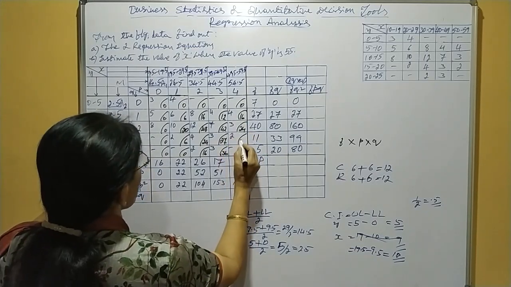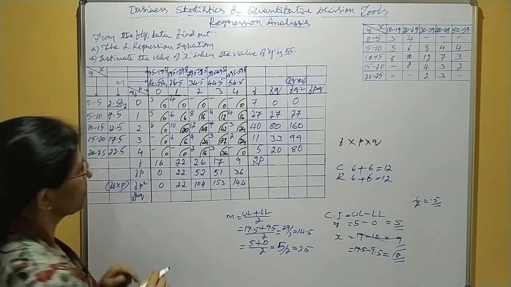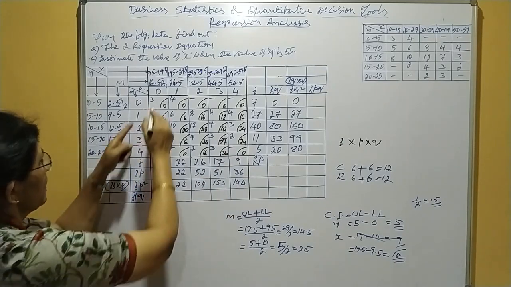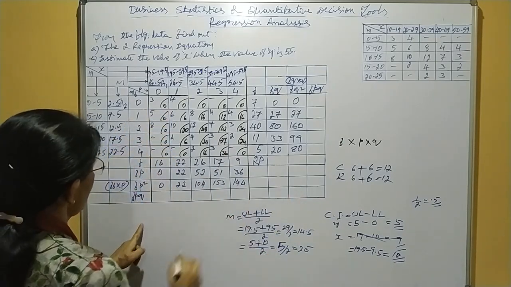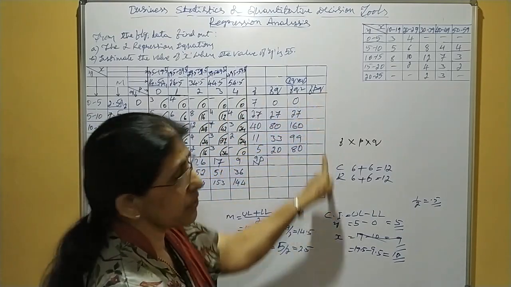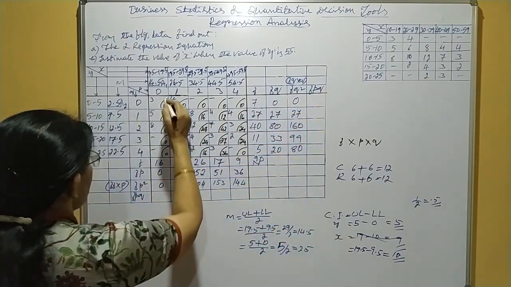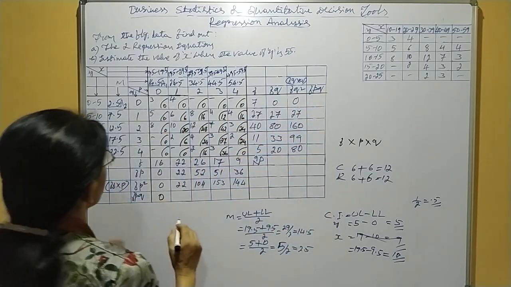4 2s are 8, 8 3s are 24. That's all. Now, take the columns total in the last row and the rows total in the last column. Now, here this column is 0.